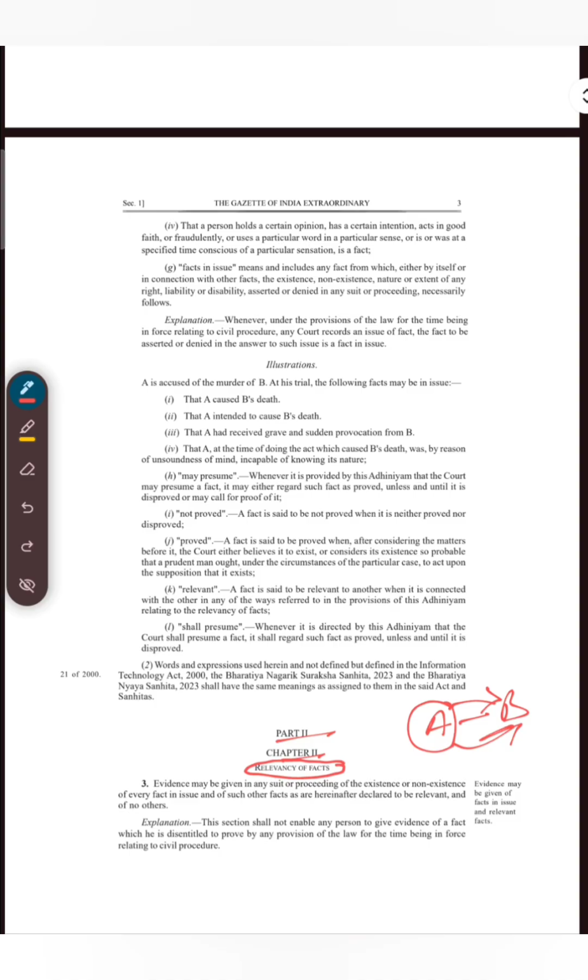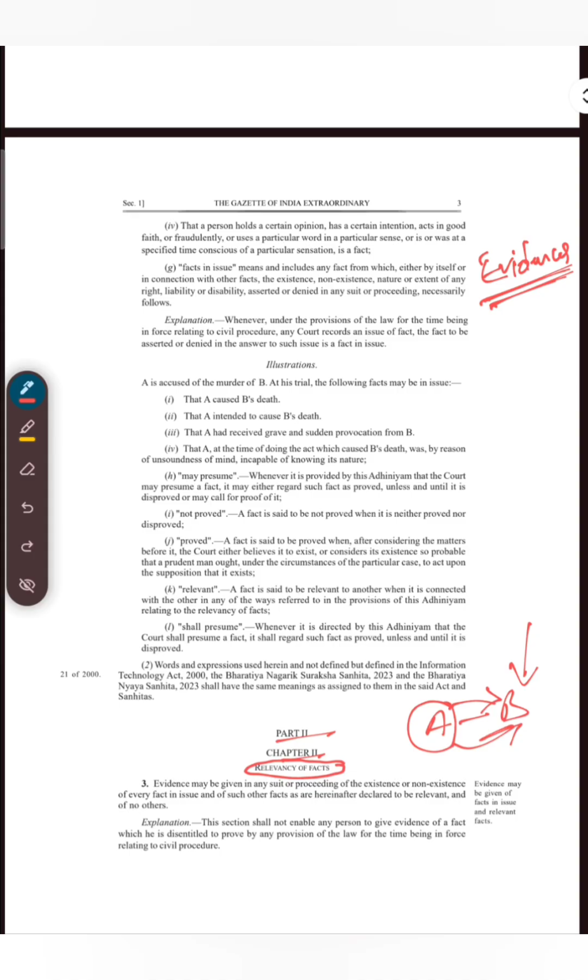Now, in order to punish B, A has to show various evidences. A has to produce various evidences. And in order to prove evidences, first A has to show to the court how these evidences, if proved, will suggest the culpability of B. The court will put the question to A that you are trying to prove a fact by giving evidence.